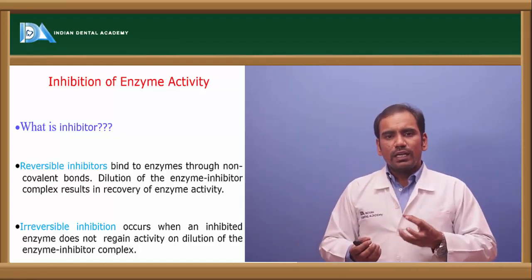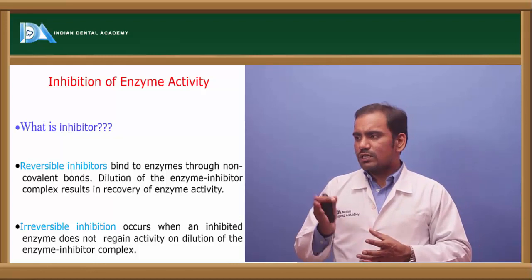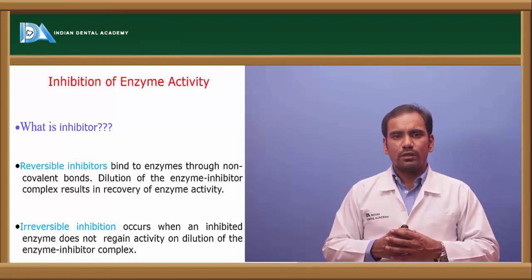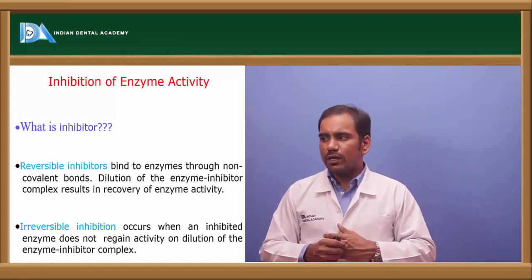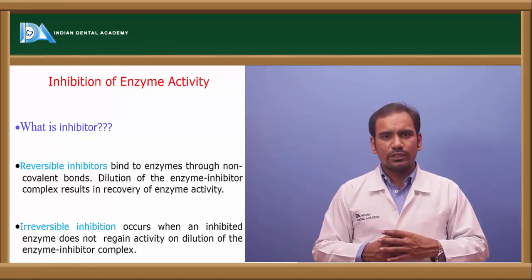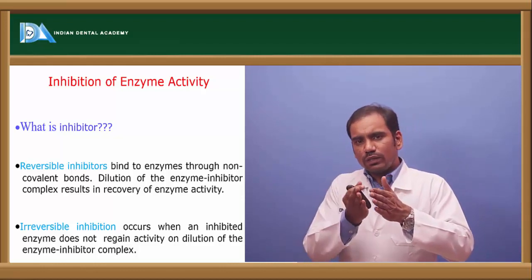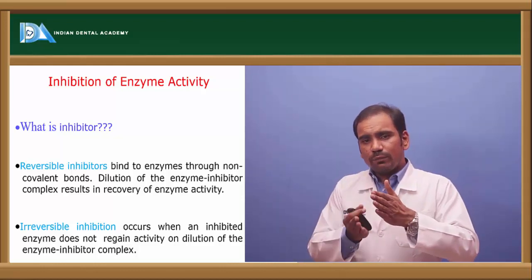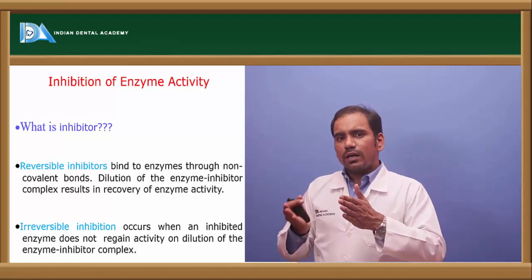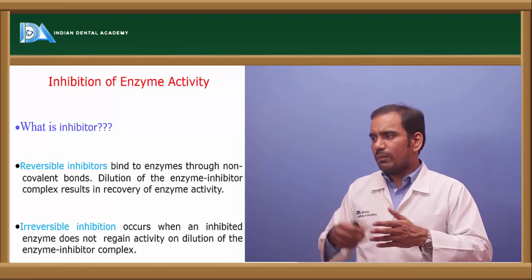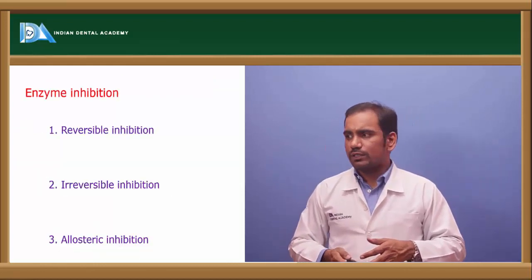If the inhibitor cannot be removed, we call such inhibitions irreversible inhibitions. Right? So that is the basic difference between reversible and irreversible inhibition. Whenever you can remove the effect of the inhibitor by dilution, we call it reversible, and if you cannot remove the effect of the inhibitor, we call it irreversible inhibition.